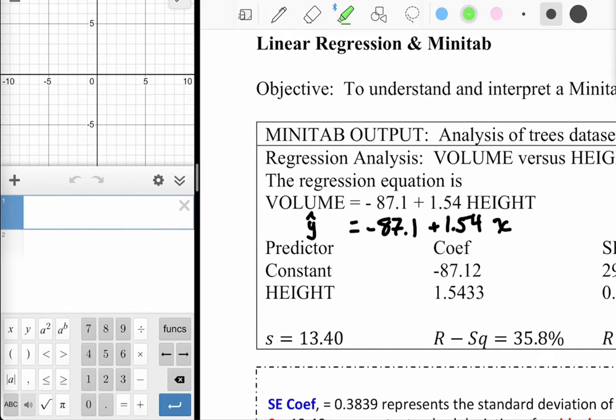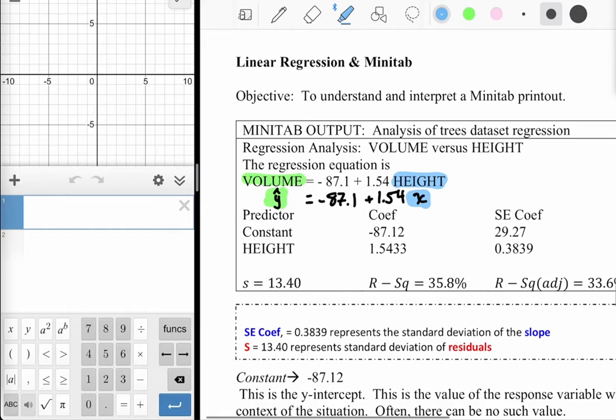So volume is taking on the role of y hat, and height is taking on the role of x. It's pretty easy once you get that relationship down. The other coefficients start to fall into place, because you see constant, you see height, and you wonder what each one represents.